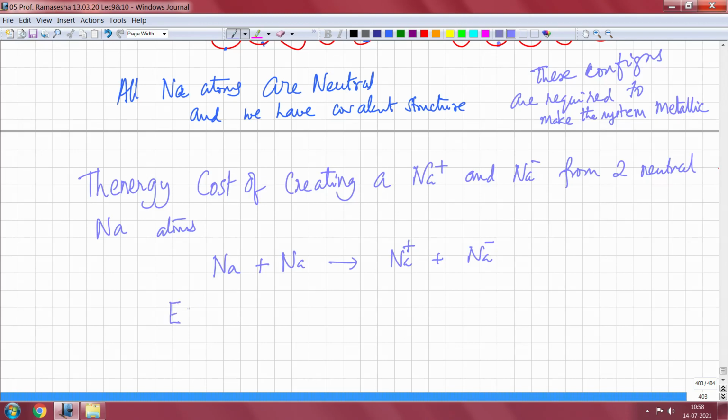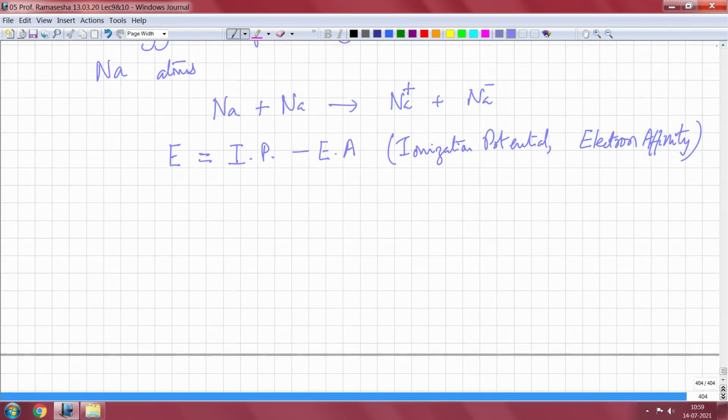The energy required is equal to ionization potential minus electron affinity. IP is ionization potential, EA is electron affinity. Now, this is usually large for isolated atoms.